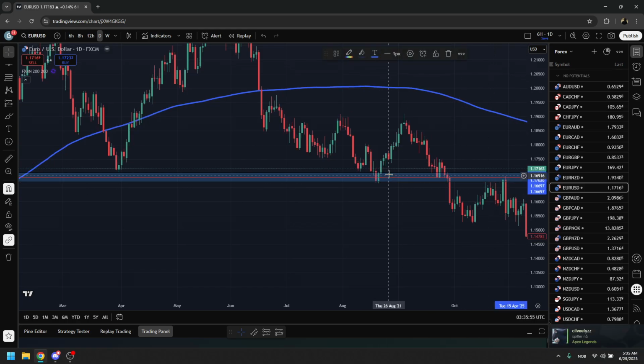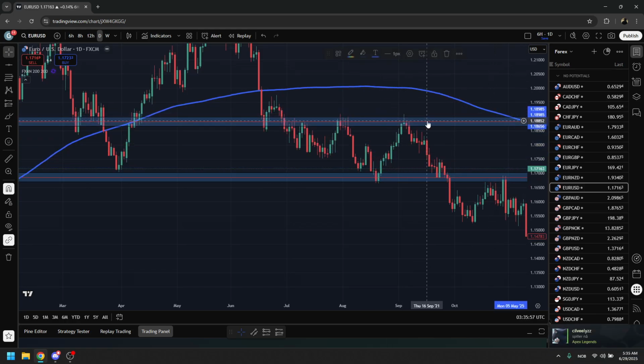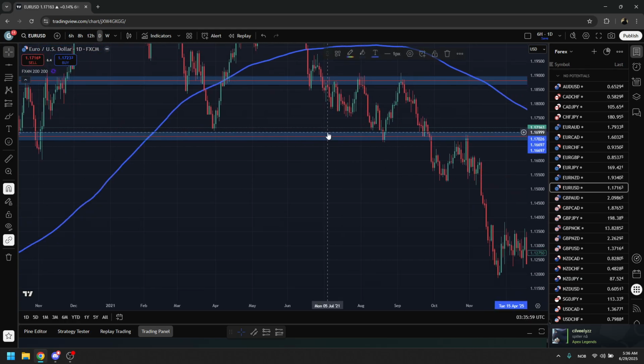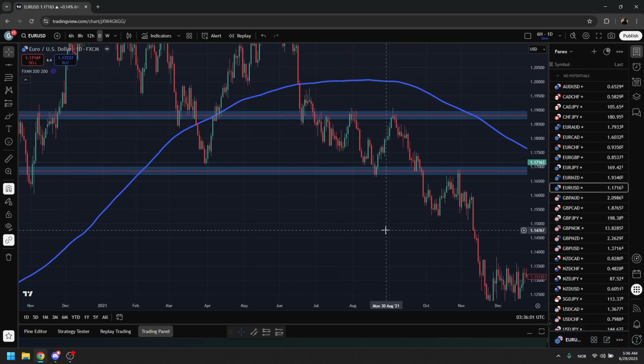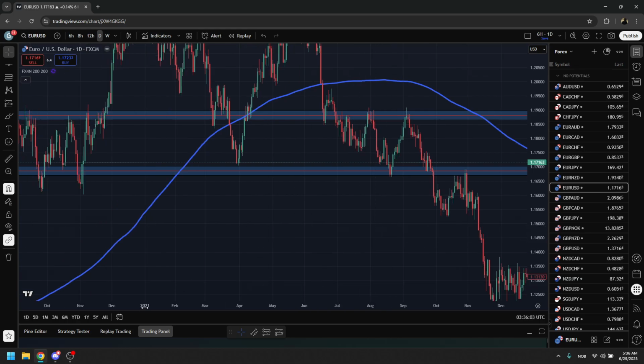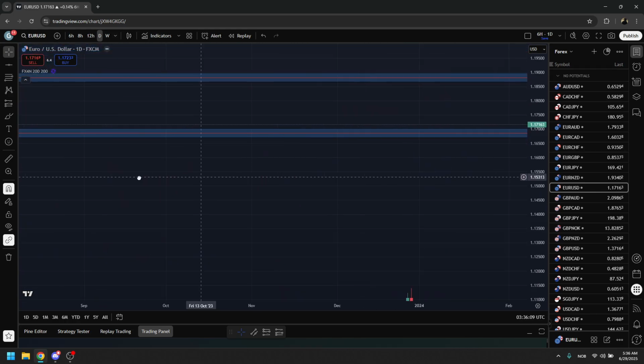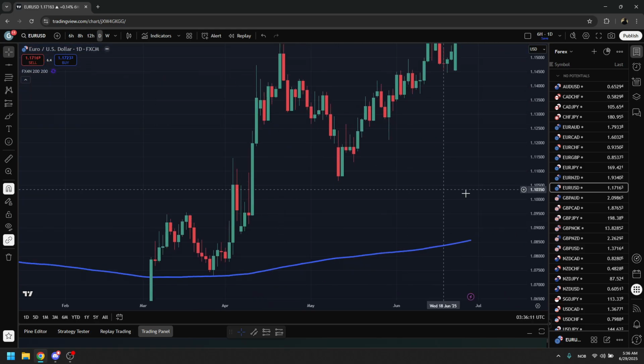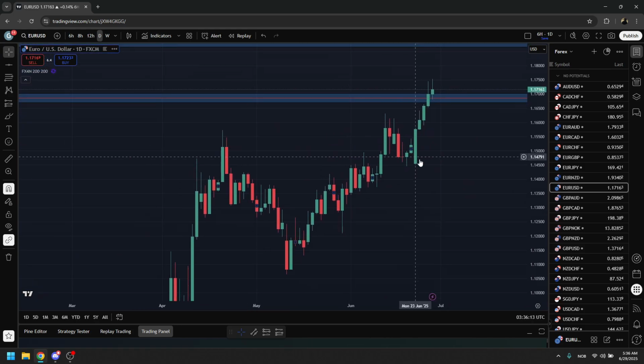I'll set another one over here, and I don't know how much I trust SR areas from 2001, but that's what I have to work with right now because of the highs.